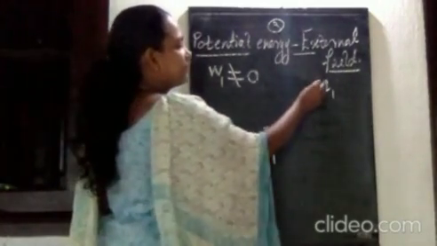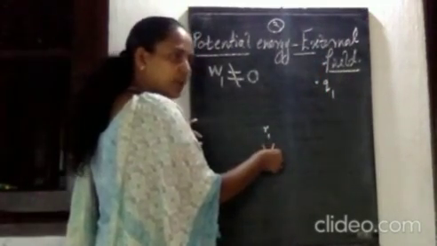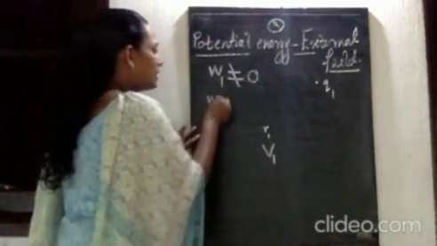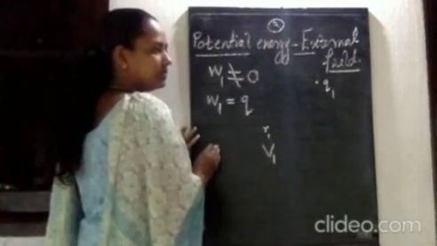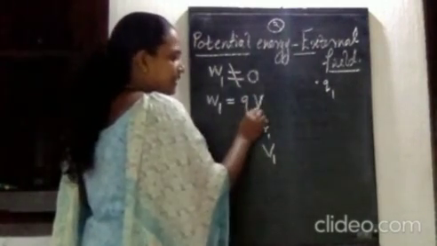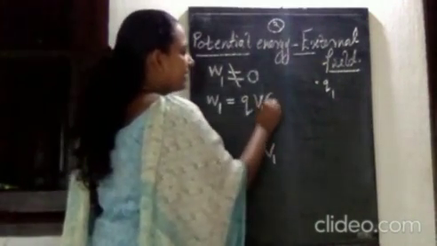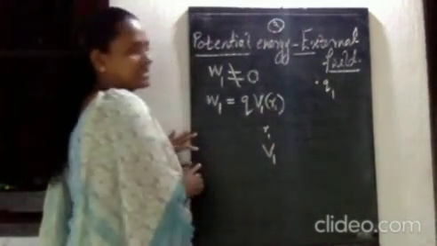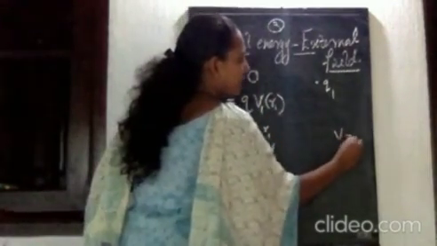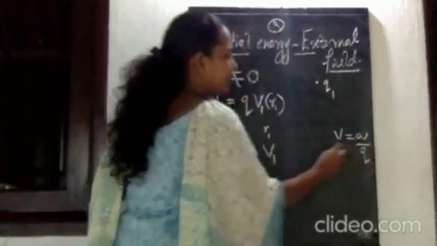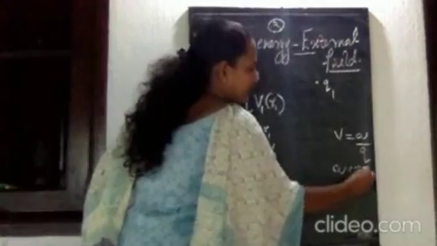If we bring the first charge q1 from infinity into the presence of this potential V1, we can write the expression for work done as W1 equal to Q times V, where V is the potential at that point, V1 at the position r1. Why are we writing the expression like this? Because potential, work done and charge are related by the formula V is equal to W by Q. So W is equal to QV.